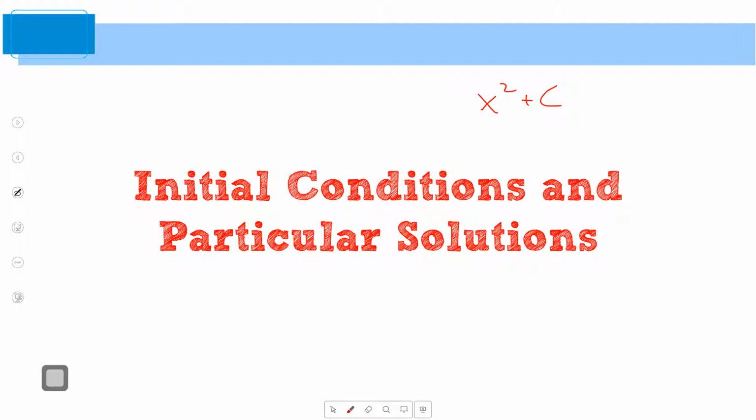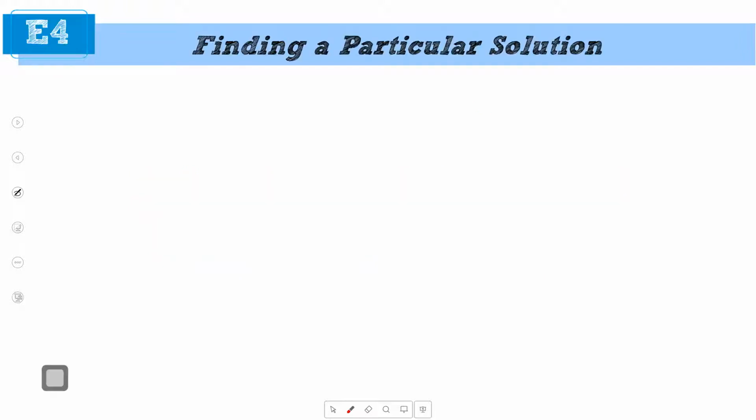When I find the particular solution, I want to know exactly where it is vertically. Is it passing through 0, 0? Is it passing through 0, 2? Is it passing through 0, negative 10,000? That process that we go through to find a particular solution is frequently called a differential equation.